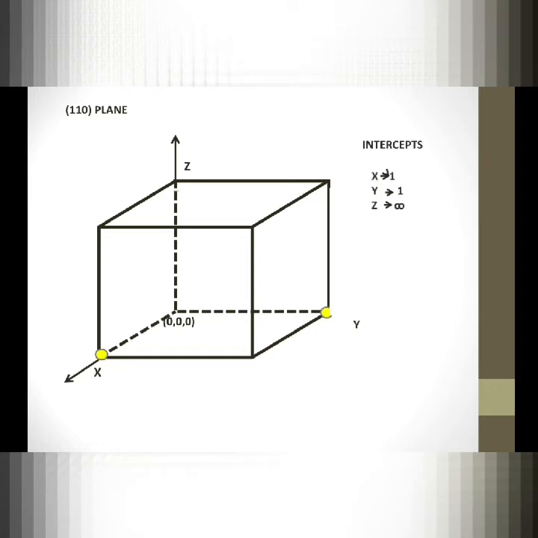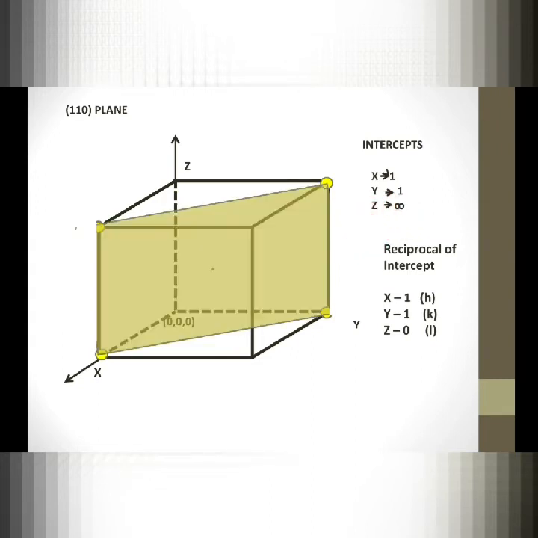Another example is when the intercepts are x is equal to 1, y is equal to 1 and z is equal to infinity. Z equal to infinity means the plane we get by taking these intercepts will be parallel to the z axis.